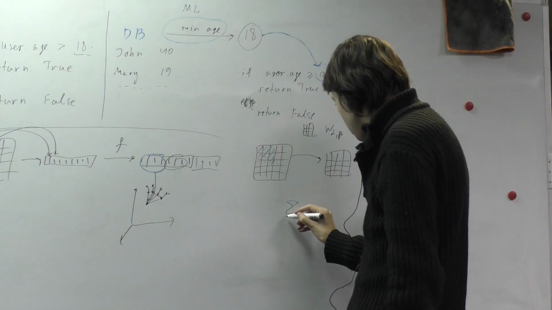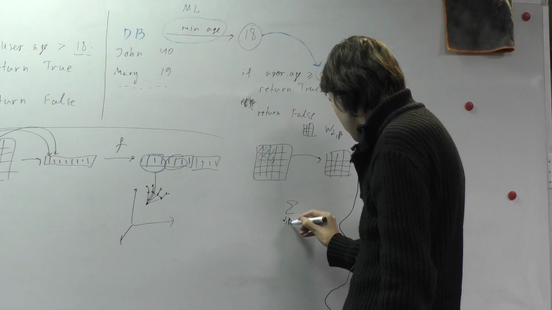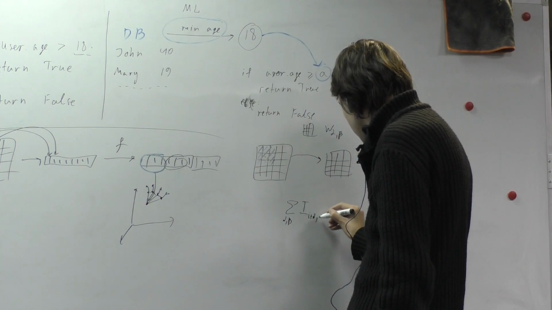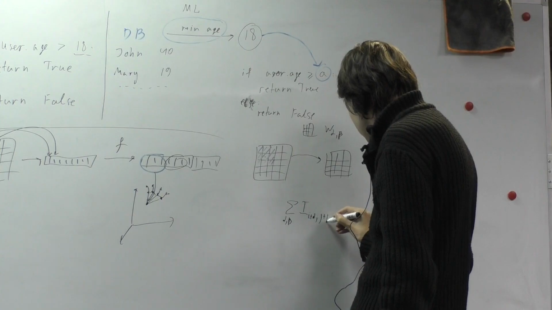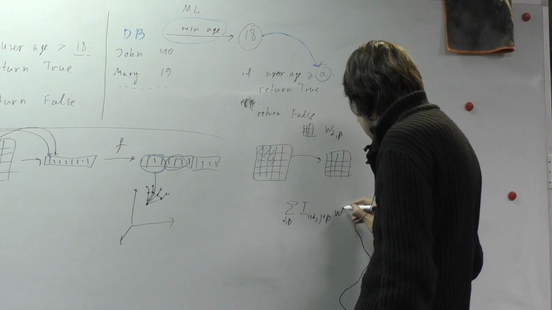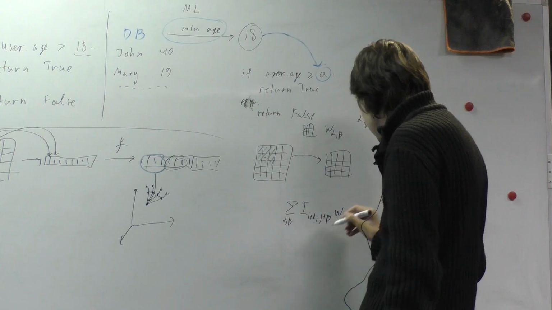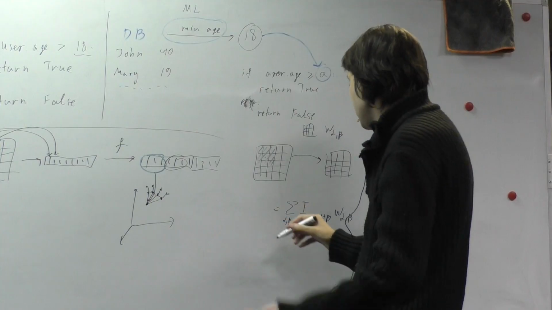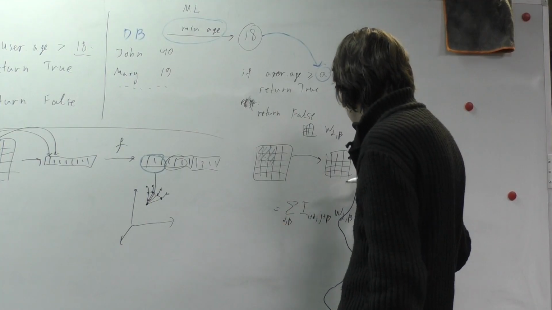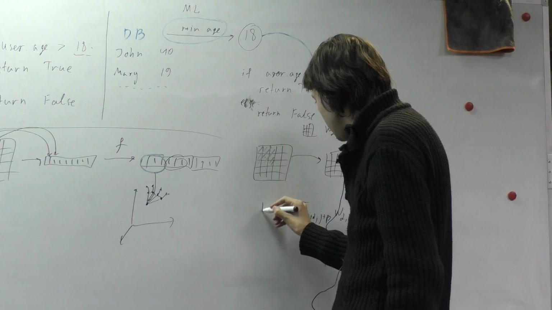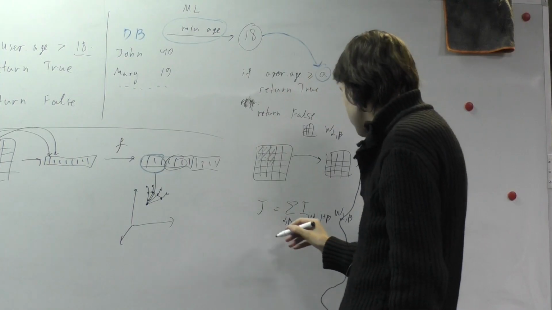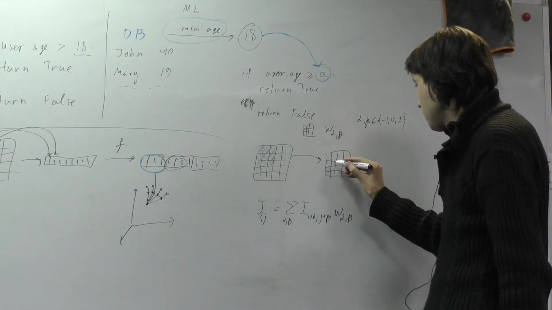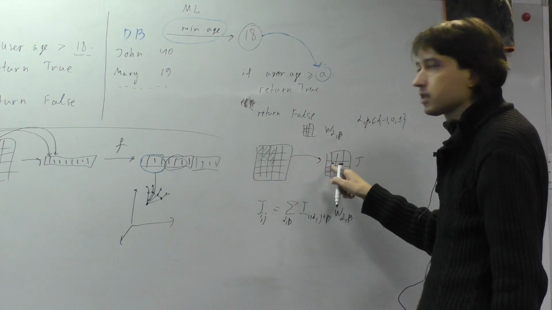So I should sum over alpha, beta the pixel at i plus alpha, j plus beta, times w alpha beta. So I sum everything up and I get a new resulting picture, so a new pixel in this image, let's say with coordinates i, j. So I place result of that operation, let's say in here.